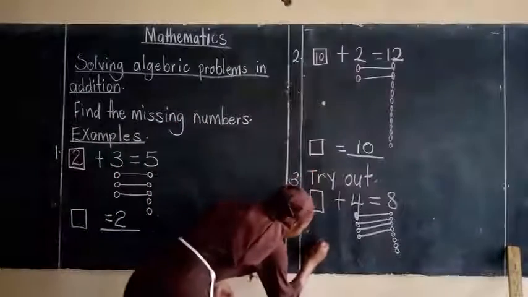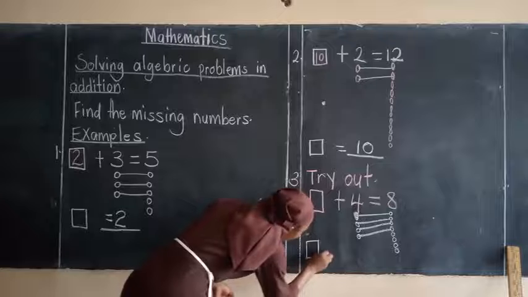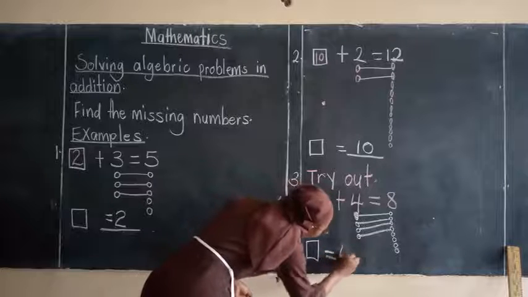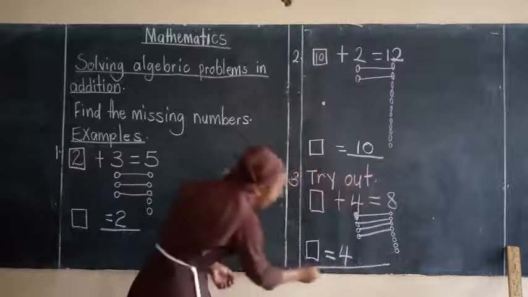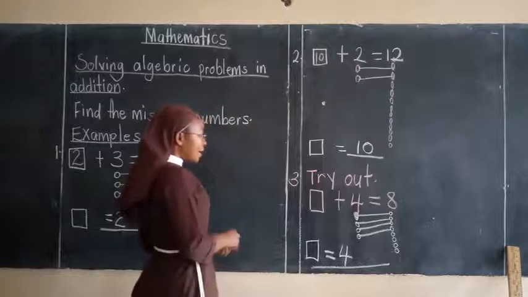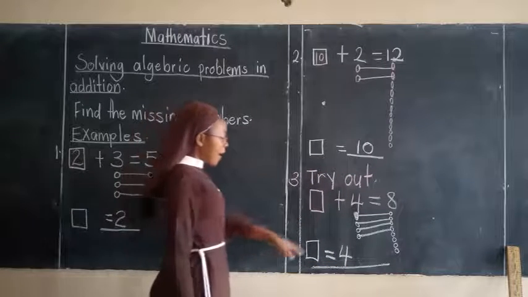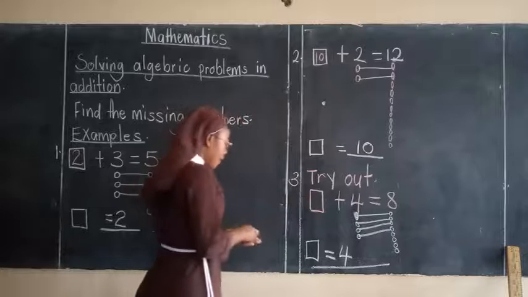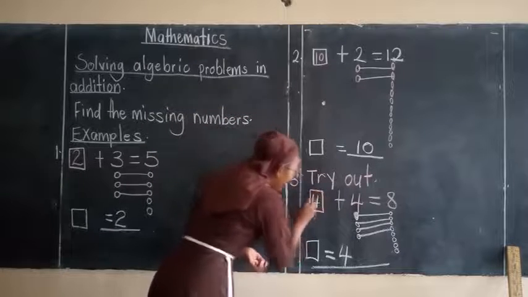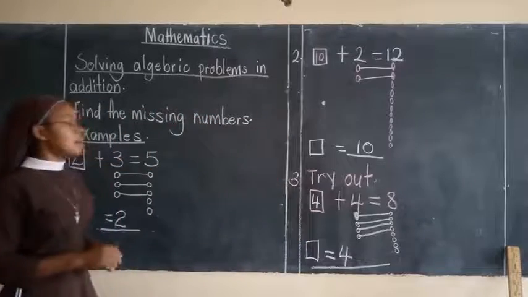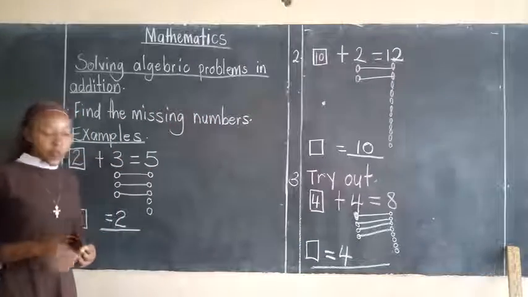So box is equal to 4. These 4 we have got here, we simply underline our answer. Then we come here and fill in our 4, and it will be read as 4 plus 4 is equal to 8.